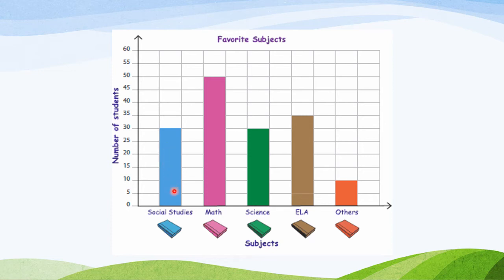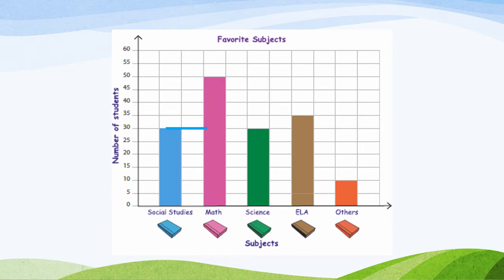The social studies and the science. They're both 30 students like social studies and 30 students like science.